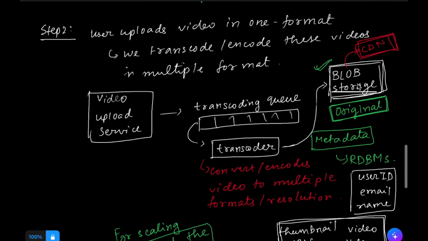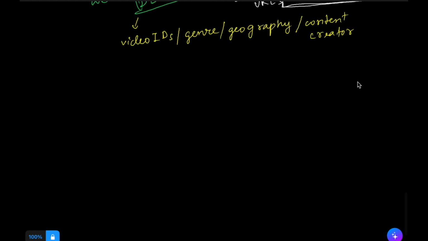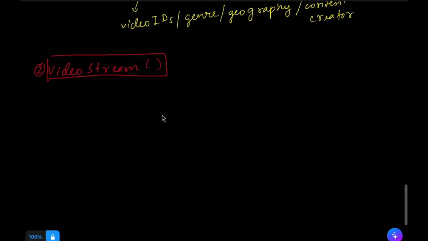So now let's look into the second part, which is our video streaming service. In video streaming, suppose a user clicks on a particular video or requests a particular video, and the request goes to the video streaming service.